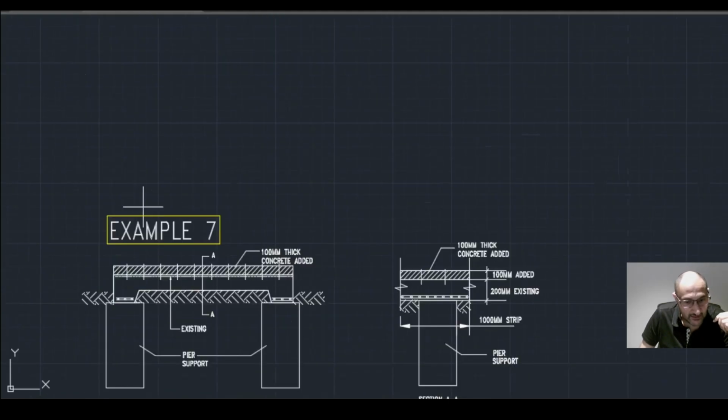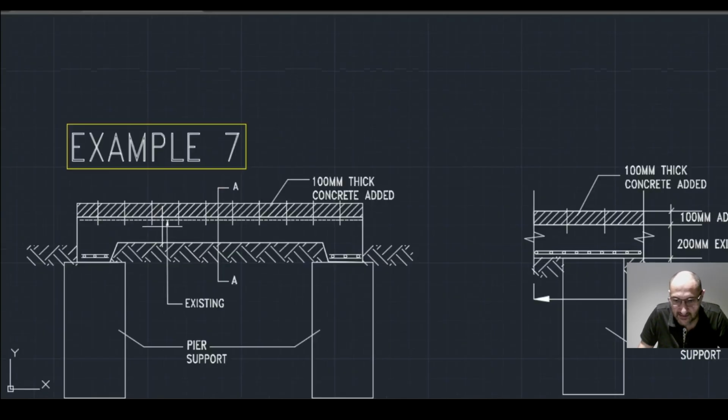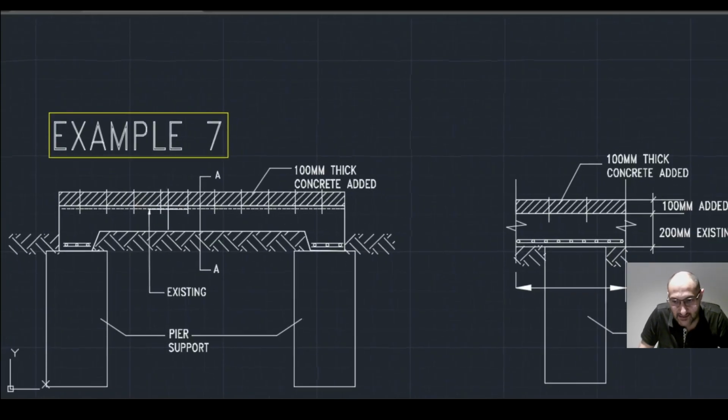Example 7 is also common. Say we have a 200mm thick suspended concrete slab on piers, and we want to add an additional 100mm to the top, whether it may be for a height issue or any other reason.